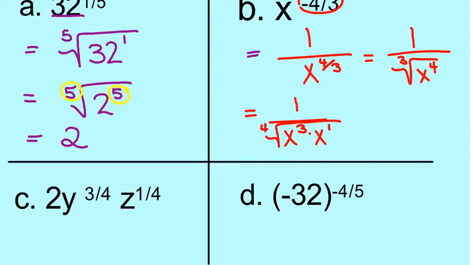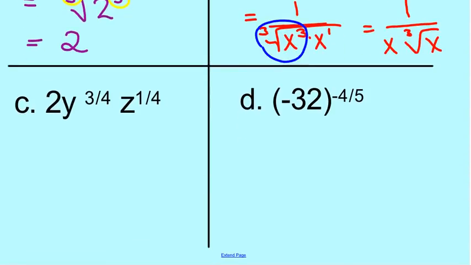Oops, this should be a 3 here. Now what happens to these two pieces right here? They undo each other. So it's 1 over, pull out the x, cube root of x. Now we'll get later into rationalizing denominators, but this is good for now.